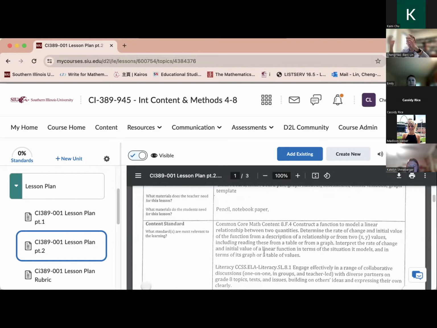Then you have an assessment to assess the goal. Did you achieve the goal or not? Does that make sense? So for each objective, you have to think about what kind of lesson I'm going to teach. Then you might have an assessment for this.